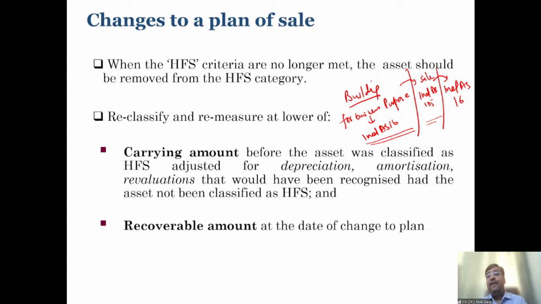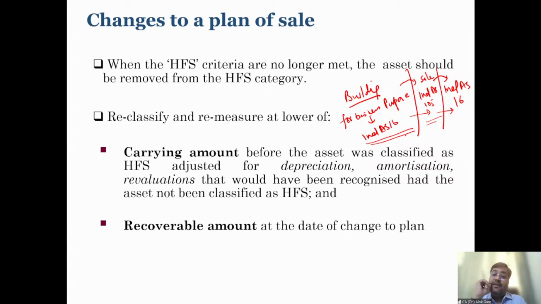Again, when it moves back to Ind AS 16, and probably there is a window of 1 year, for example. So after 1 year it was moved to held for sale, after 1 year it was again moved to PPE. So once it was classified as held for sale, for the last 1 year no depreciation was charged, right?